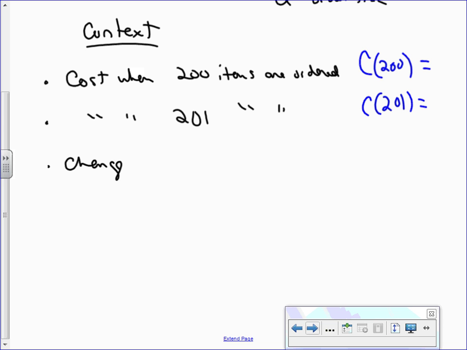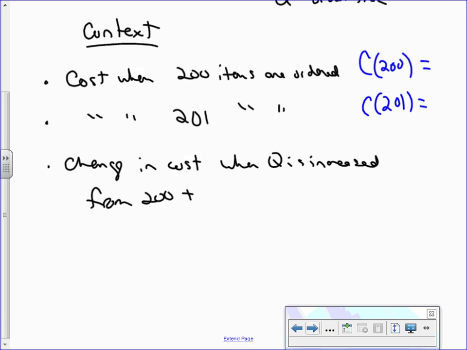If I ask you, what's the change in cost when Q is increased from 200 to 201?